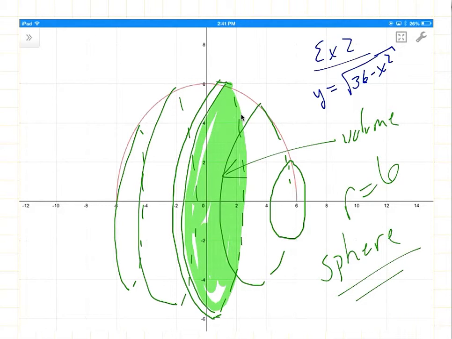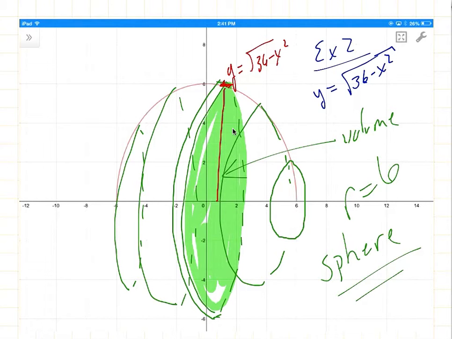It's going to be the radius, and the radius in this case is the distance from the x-axis to the curve, right? And again, that distance up there, that y, if you will, is the square root of 36 minus x squared. So we would end up with that being our radius. We're going to take that radius and square it and then multiply it by pi.